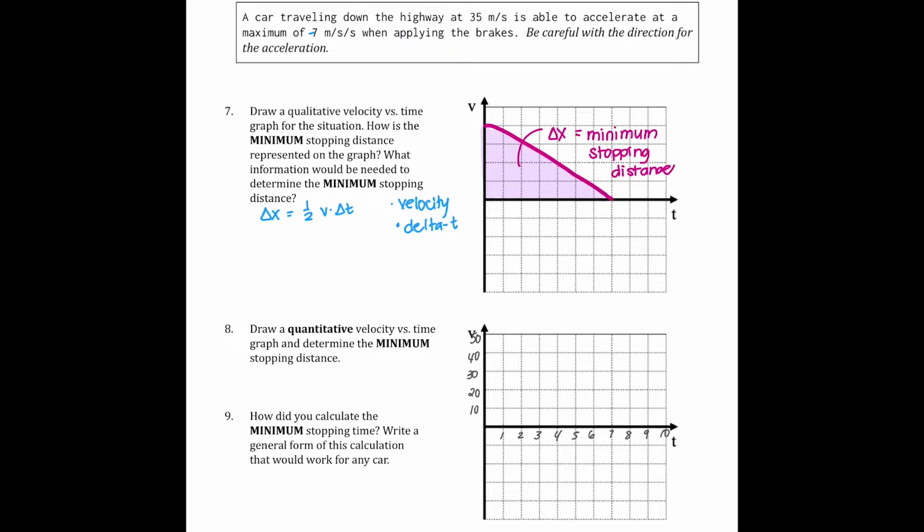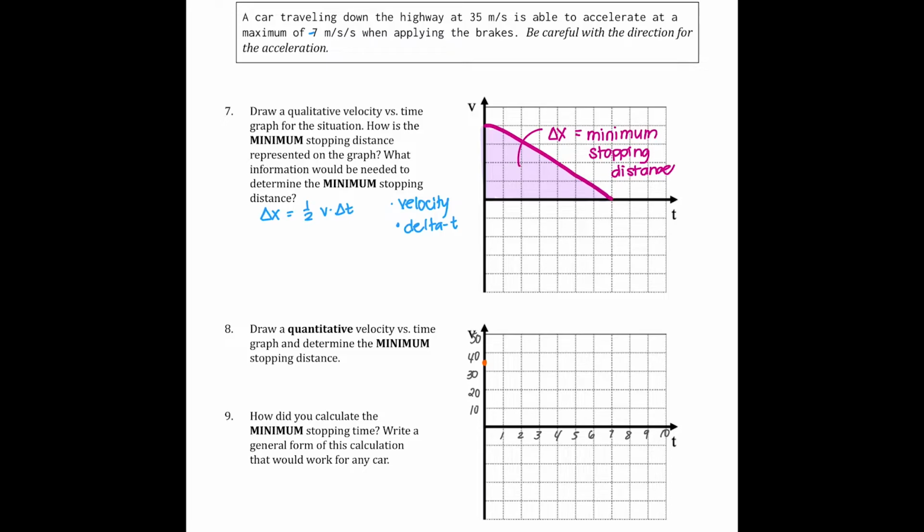Okay. And in our problem, we have the car traveling at 35 meters per second. So it's going to be the halfway point between 30 and 40. And we don't have the delta t.